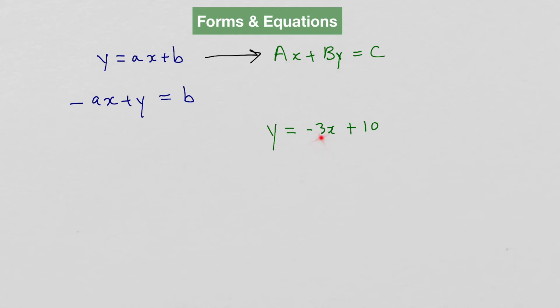We've got to therefore move this negative 3x over to this side. And in order to move it, we have to add 3x, because this is a negative term. So when we add 3x, we get 3x plus y is equal to 10. And that is in standard form.